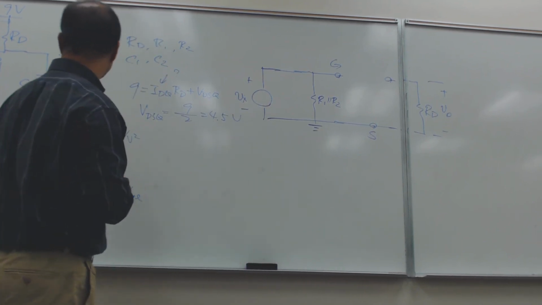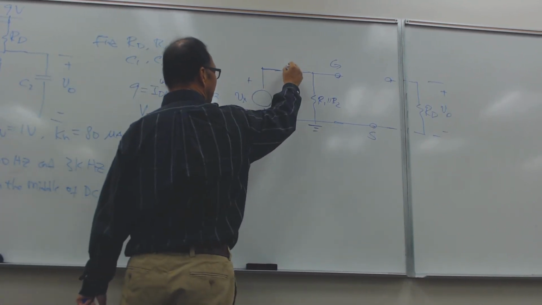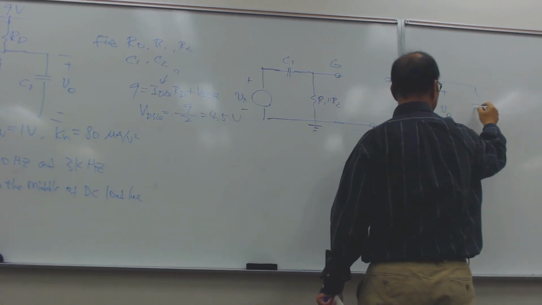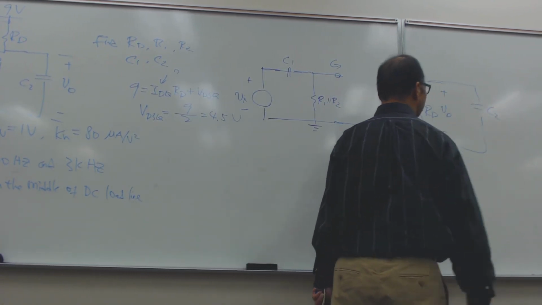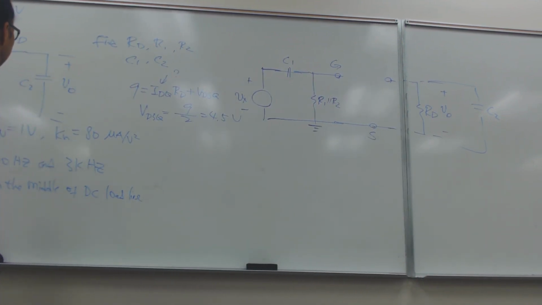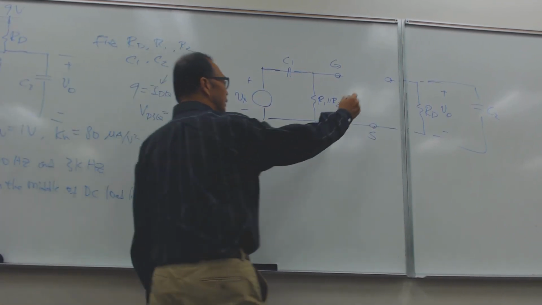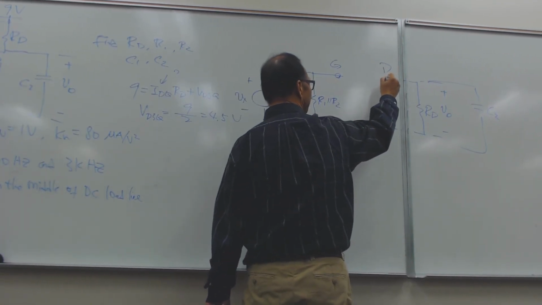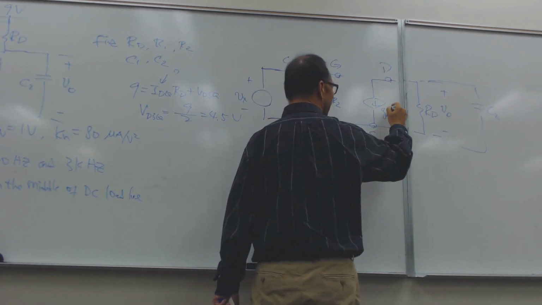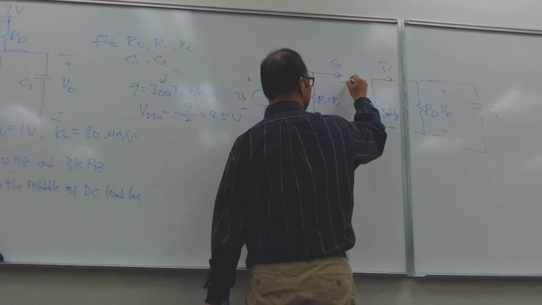Now, of course, if you want to put a capacitor, this is C sub 1 here, and this is C sub 2. Then in the model, we have a current source, gm VGS. So this is VGS.